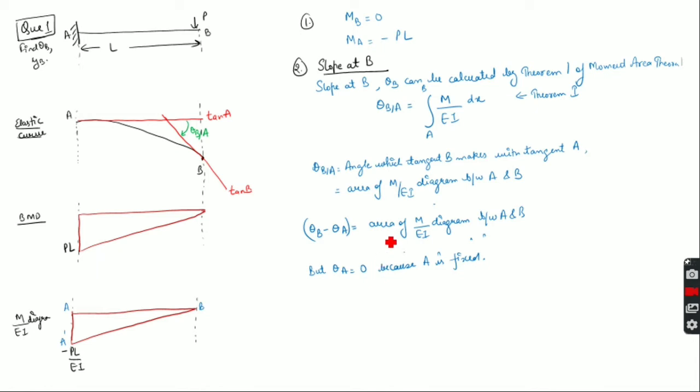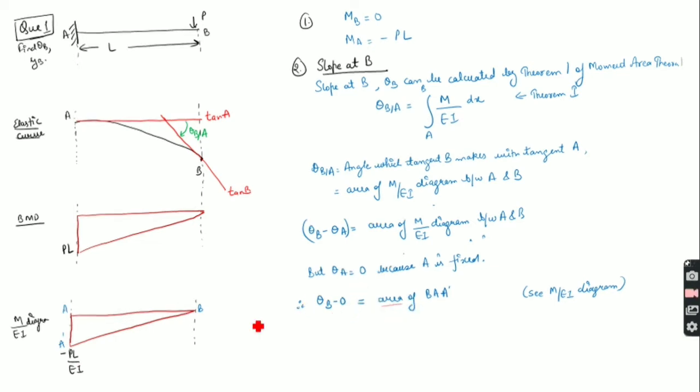Also, for the area of the M by EI diagram, if I mark these points, this is B, this is A, and this is A dash. So the area of this M by EI diagram will be the area of A, B, A dash. So theta B minus 0 will be the area of this whole shaded region.